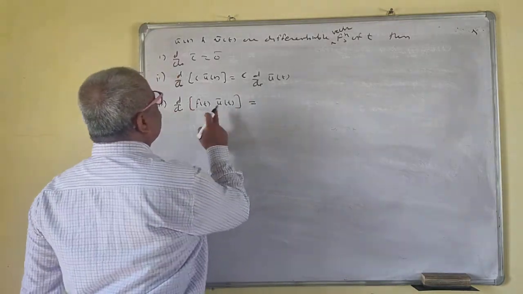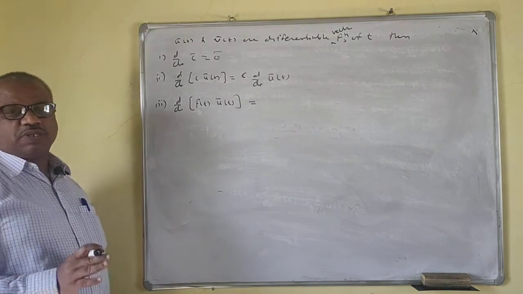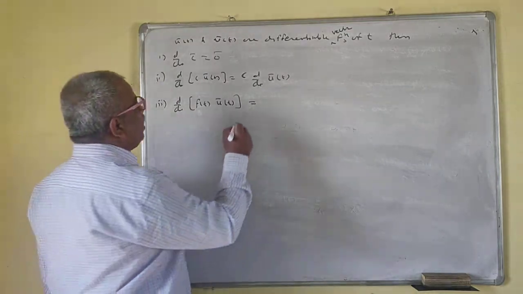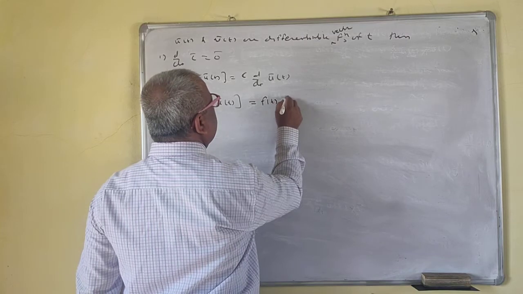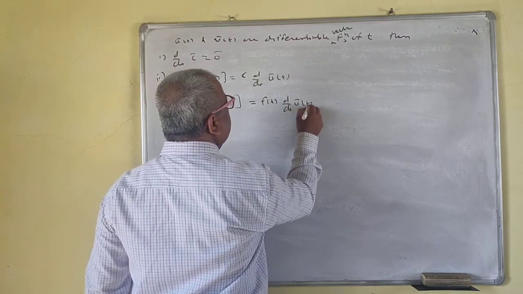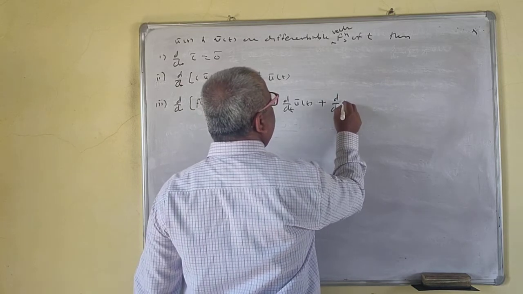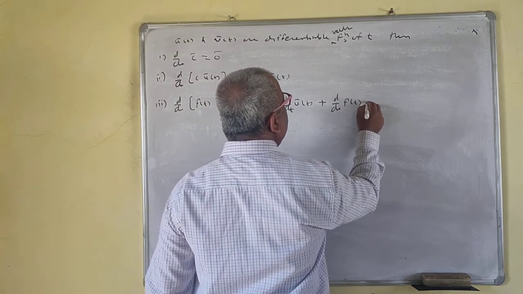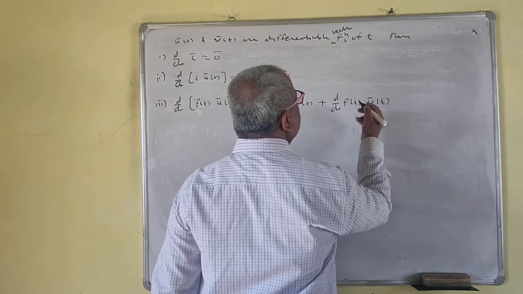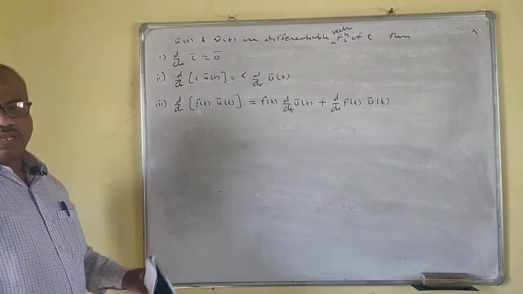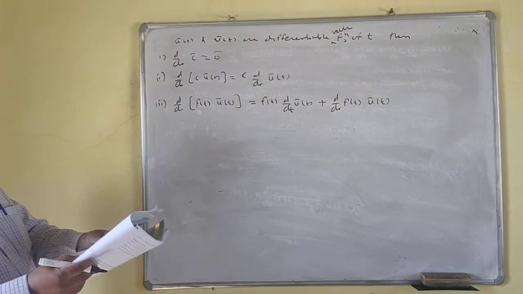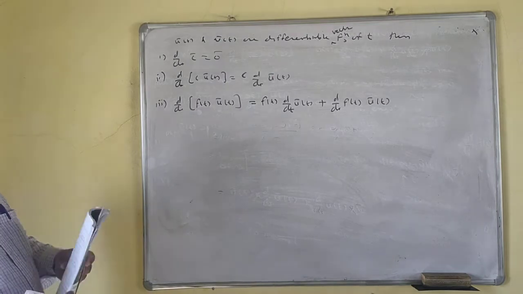So here there is no need for a symbol between the scalar valued function and the vector valued function. So you can write this as f of t d by dt of u bar of t. Same product rule you can write here. The rule is the same form.